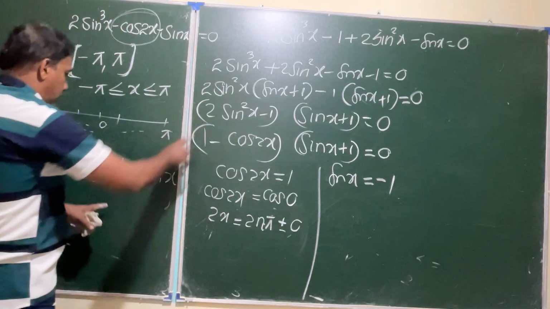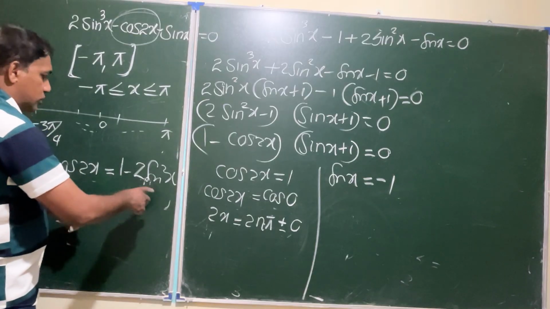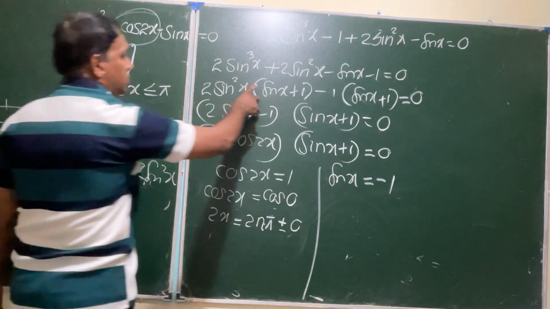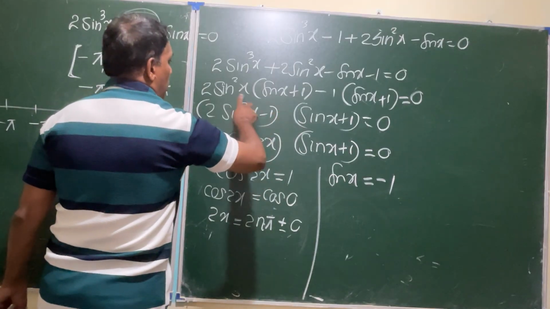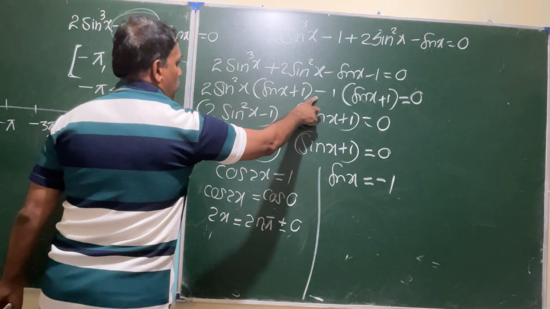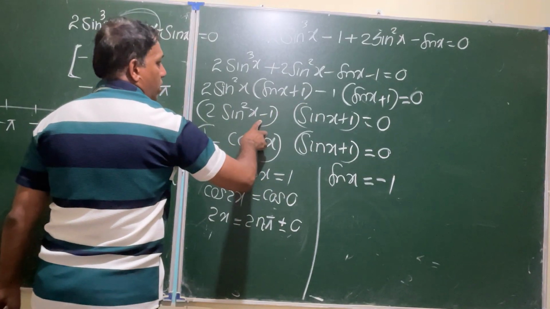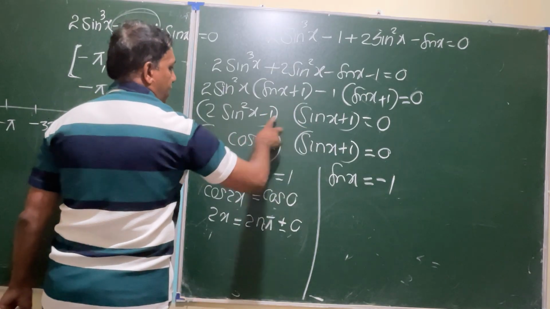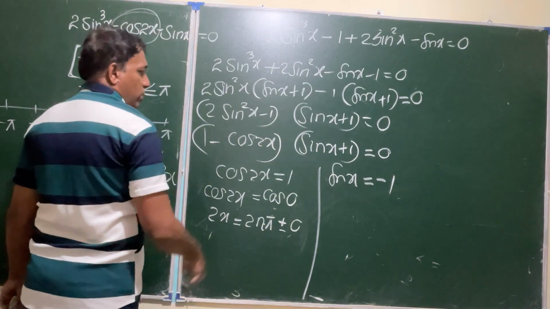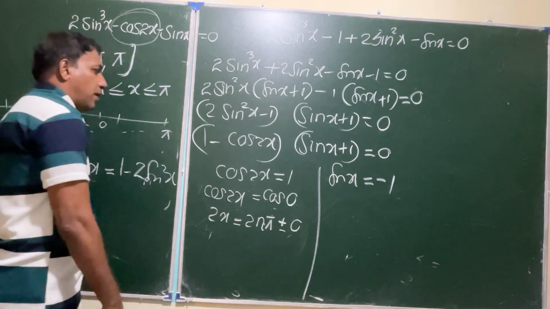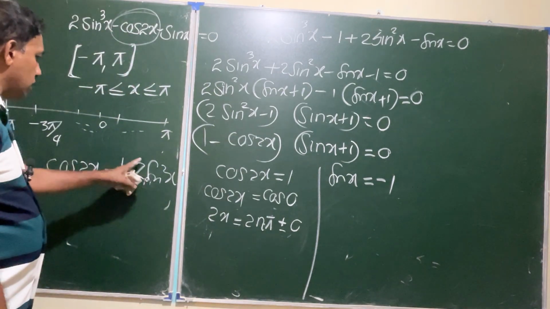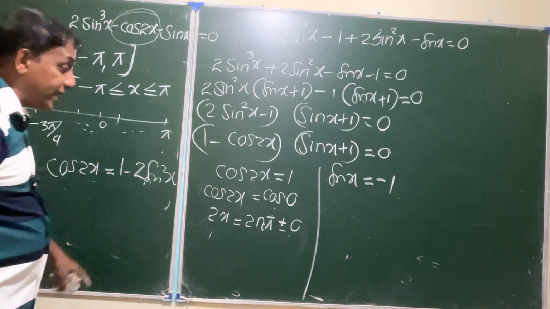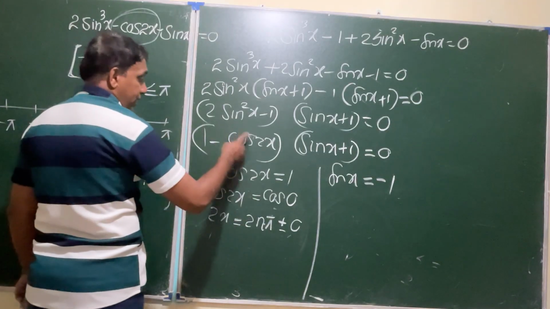Then write 2 sine square x is 1 minus cos 2x. Here these factors: 2 sine square x minus 1, right? And here sine x plus 1 is the other factor. What is 2 sine square minus 1? It is minus cos 2x.